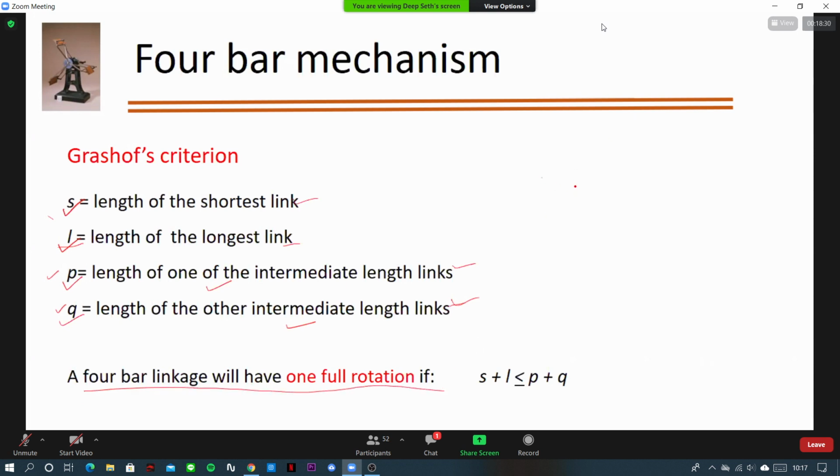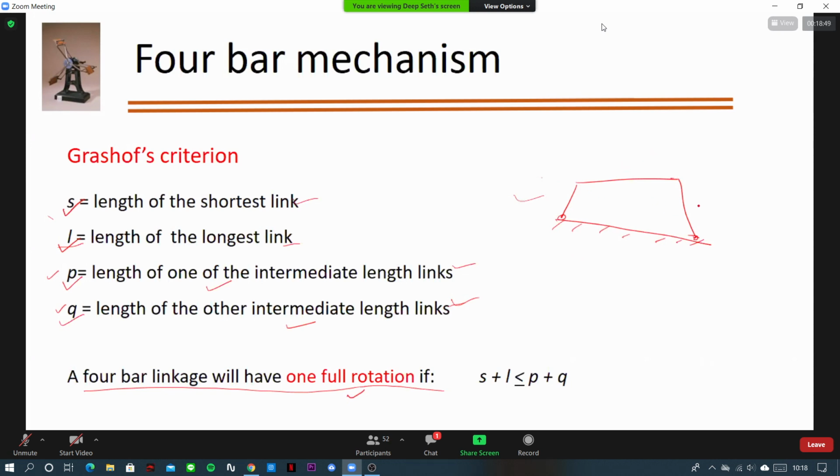And these 4-bar linkages will have 1 full rotation. So you have 4 links, and out of these 4 links, you will always have rotation in at least one link.